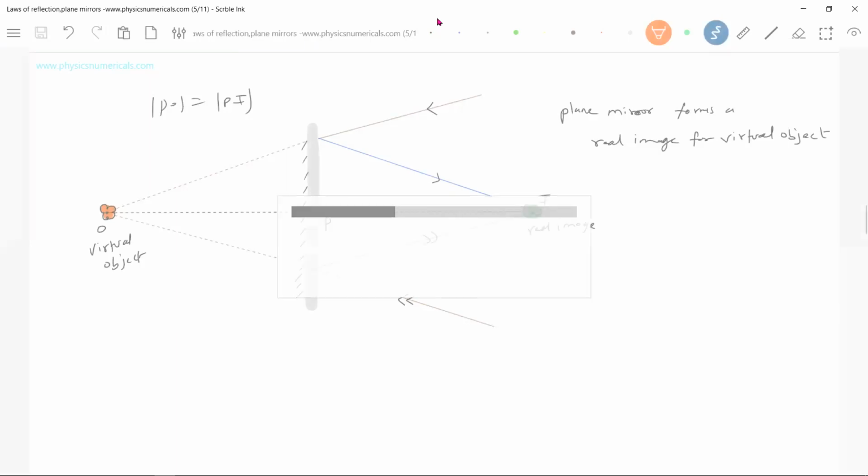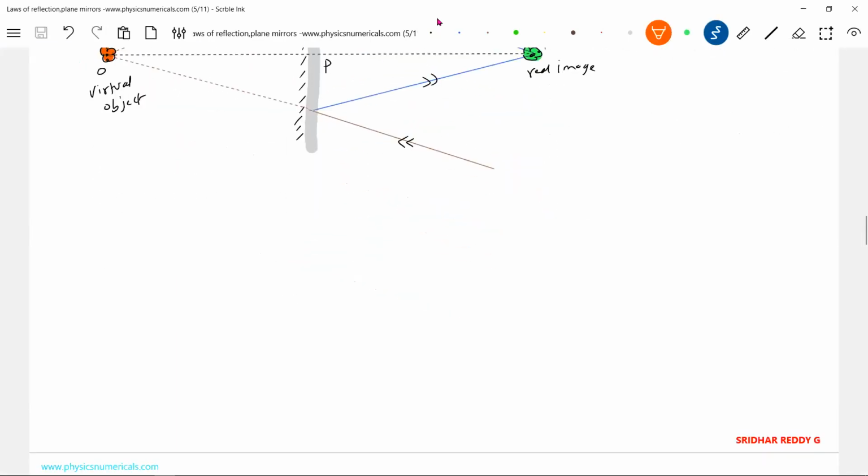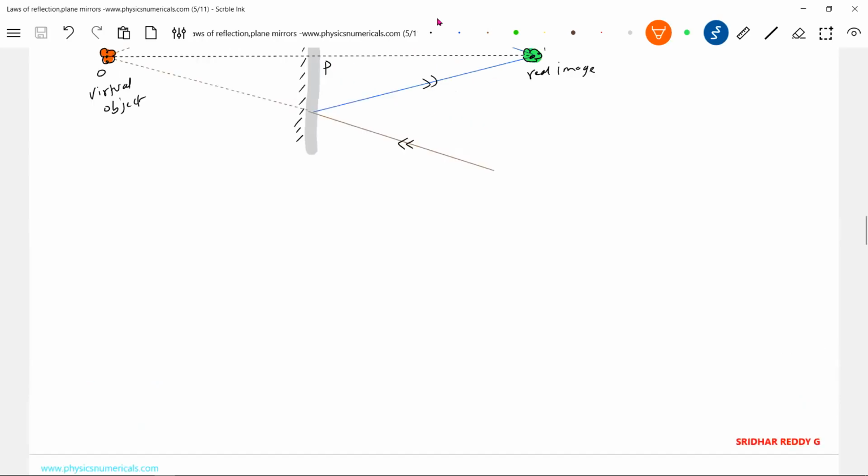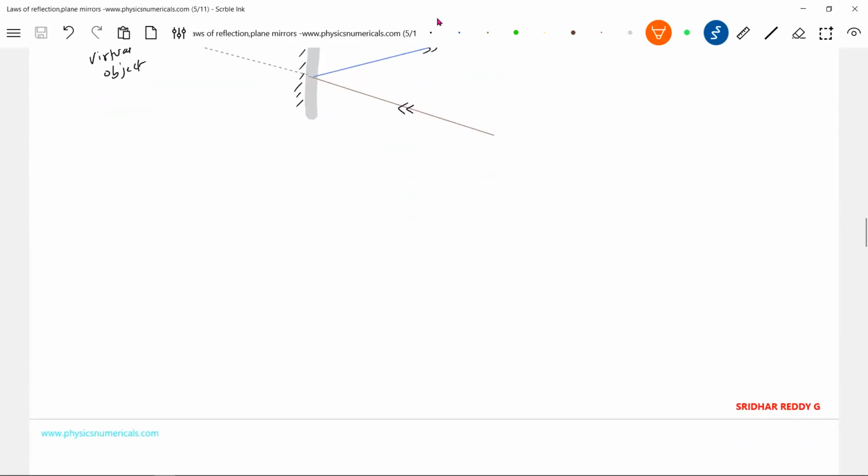What about the magnification? Means what about the magnification condition? So there's a plane mirror.